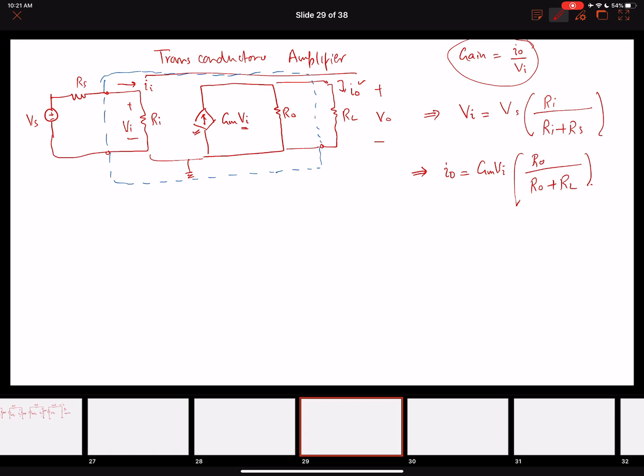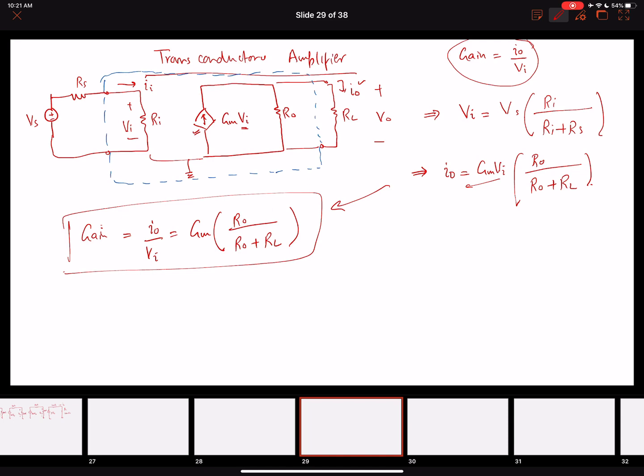So the gain I naught over Vi, right? So this Vi can go over there, will become equal to Gm into R naught over R naught plus RL. This is how we can determine the gain of a transconductance amplifier.